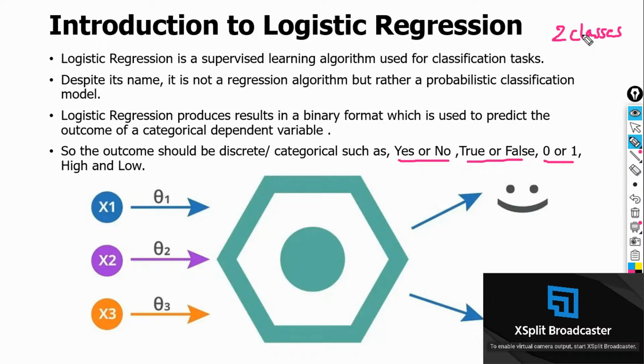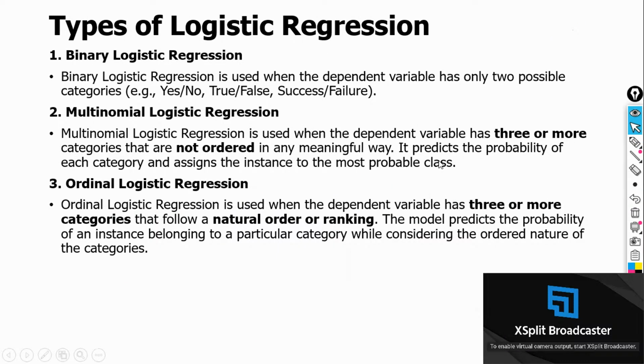You can have n number of inputs. When you pass all the inputs, it is used to classify the two classes, either happy or sad. This is just a basic introduction to logistic regression.